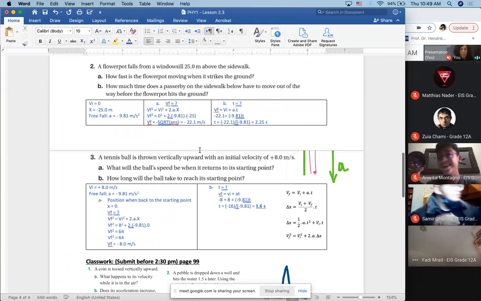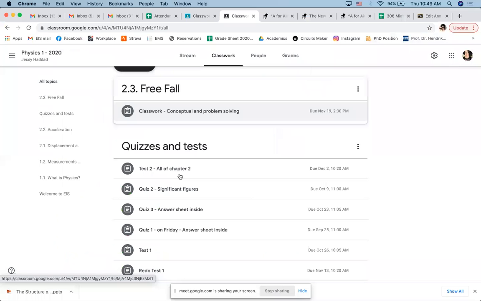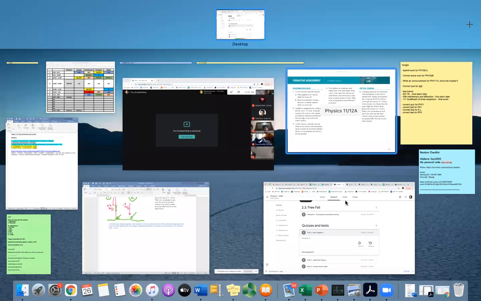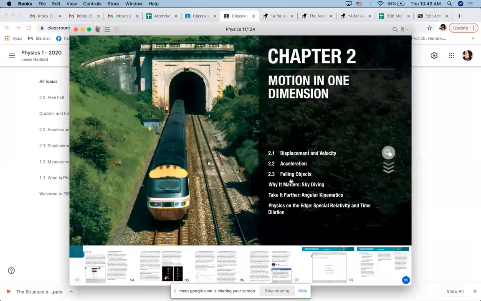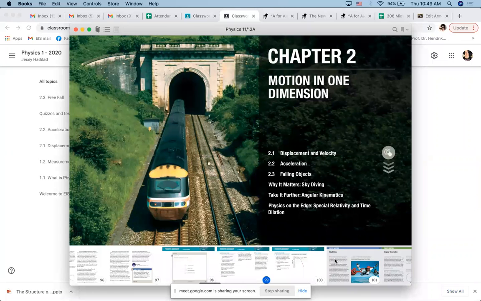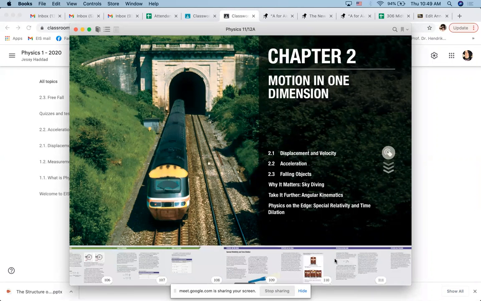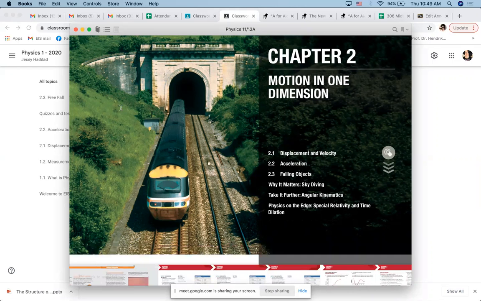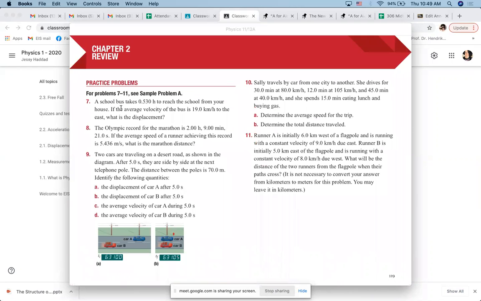It says test 2, all of chapter 2. What's in chapter 2? Okay, so free fall is included in the test, and it makes sense. Because look at it, we're done with the practices, and we're done with this. Now we have the red section. So by tomorrow, we will be done. And we can start chapter 3. I'm so happy.